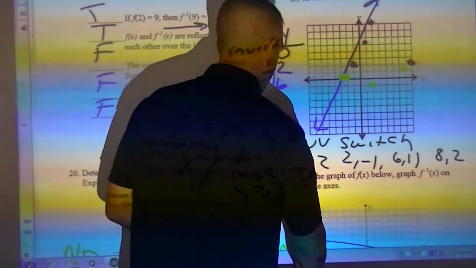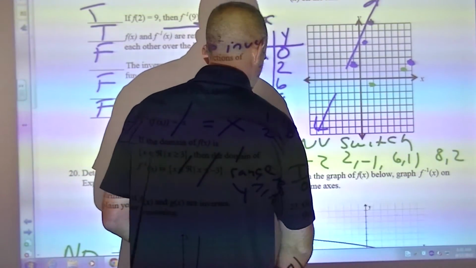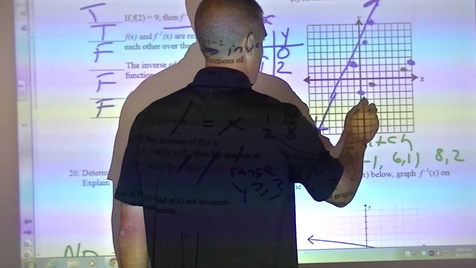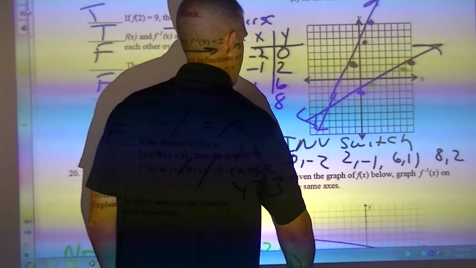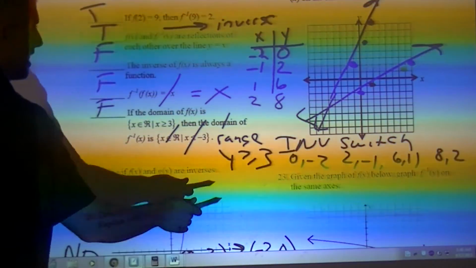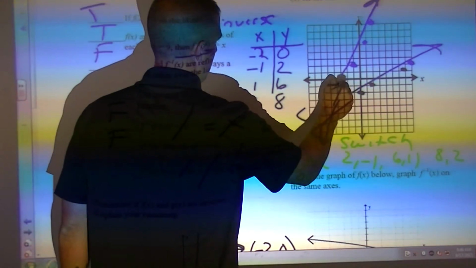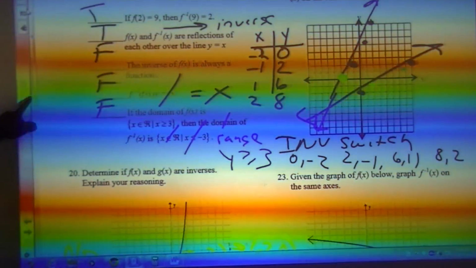Oh, that should be 0, -2. I graphed the wrong place. Sorry. Even the teacher makes mistakes sometimes. 0, -2 would be here. So that would be the inverse. I graphed that in the wrong place, and I didn't graph the first point, -2, 0. All right, moving on.